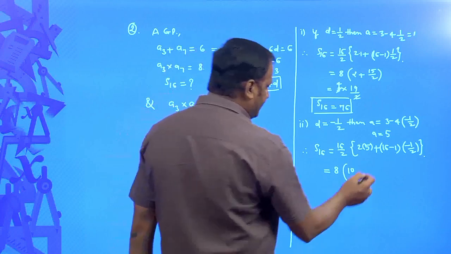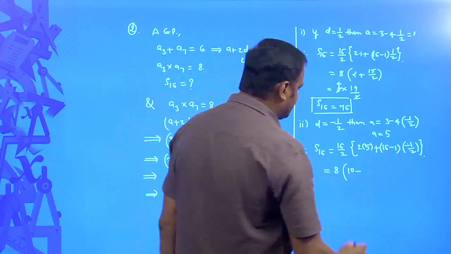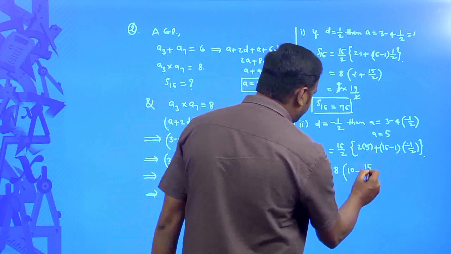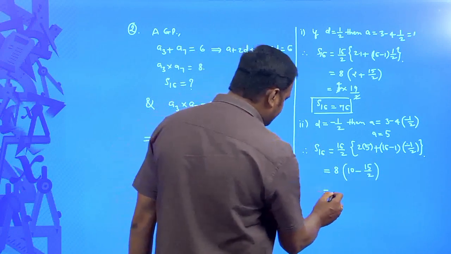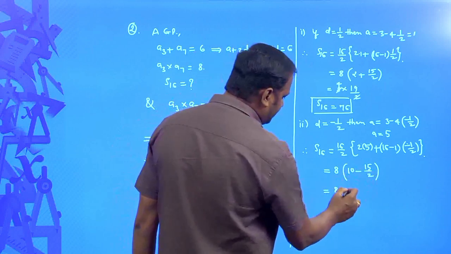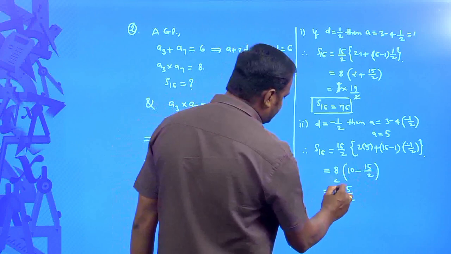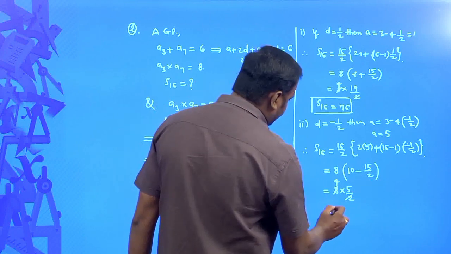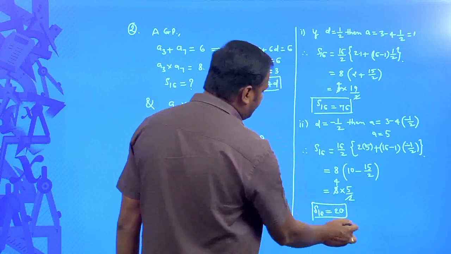And see, this is minus 1 by 2, so minus will come here. 16 minus 1 is equal to 15. So, 15 divided by 2. When you simplify this, it is going to be 8 times 2 10s are 20 minus 15 is equal to 5 by 2. So, 2 4s are 8, 4 5s are 20 is the sum of first 16 terms of this arithmetic progression.